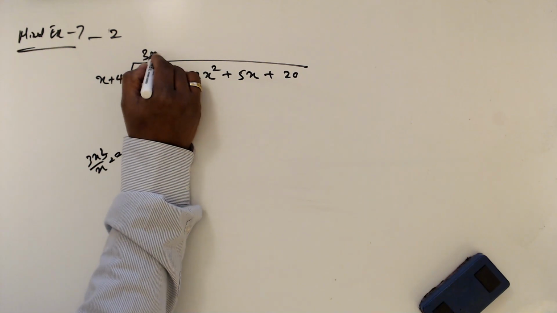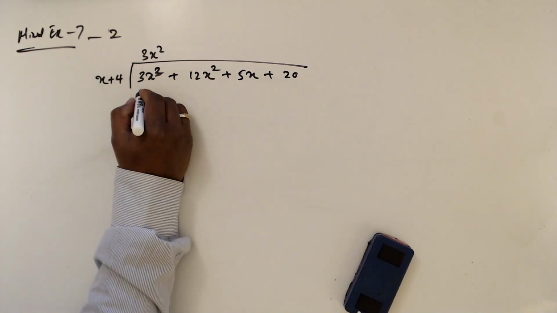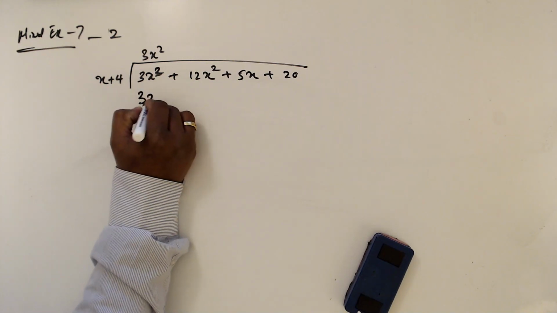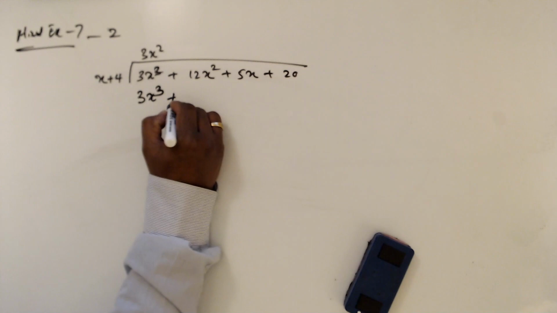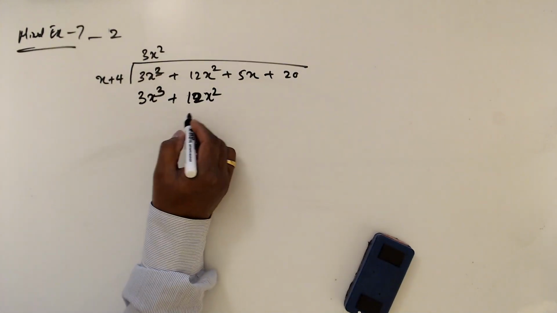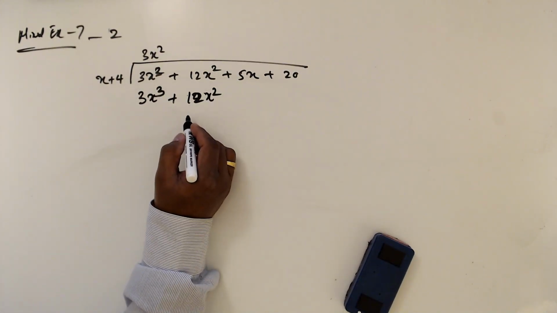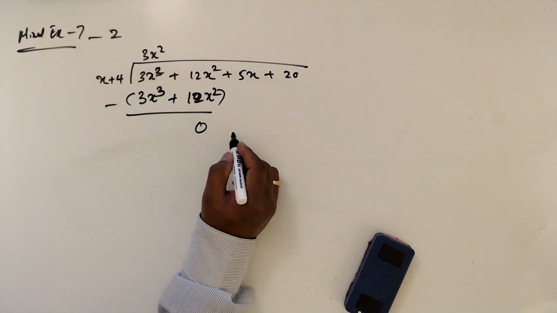So this is going to be 3x squared. When you multiply back, 3x squared times x is 3x cubed, plus 4 times 3x squared is 12x squared. And when we subtract those two, this is going to be 0.